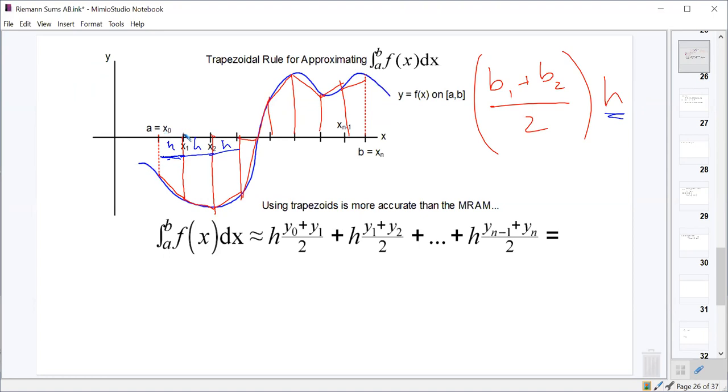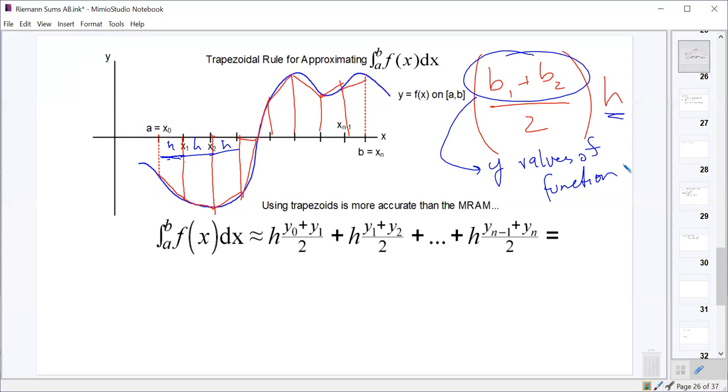And then base 1 and base 2 are just the y values of the function. Everybody see that? So they're trapezoids that are turned on their side. They're not actually sitting on one of their bases. Everybody good there now? Yes, no, maybe? That makes sense.